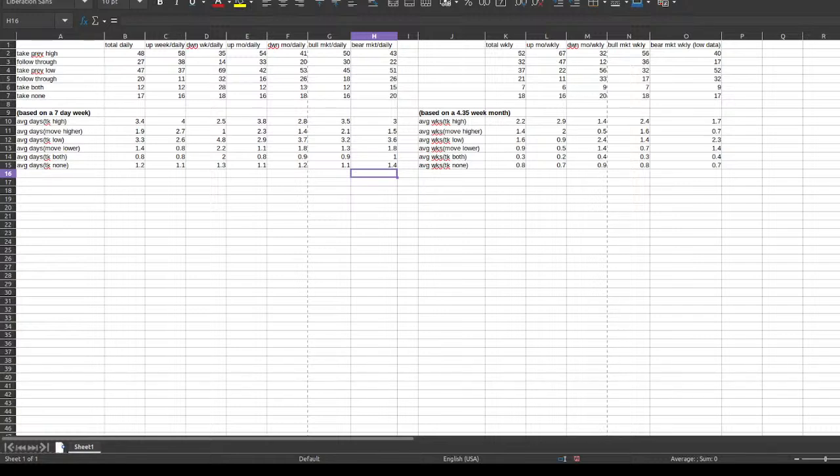And I had something else that I was going to do. Breaking it down by the day of the week is going to be a lot more complicated.